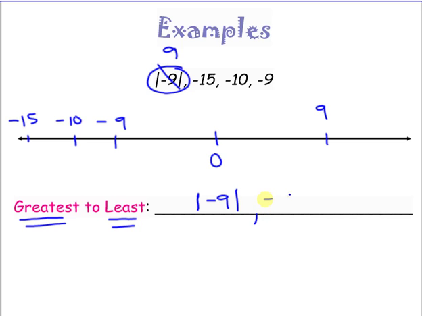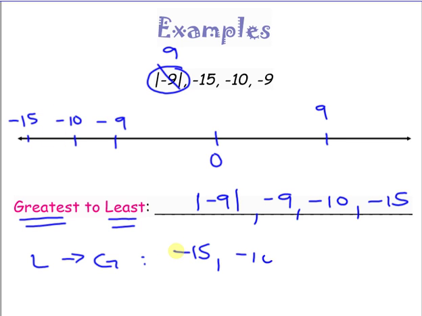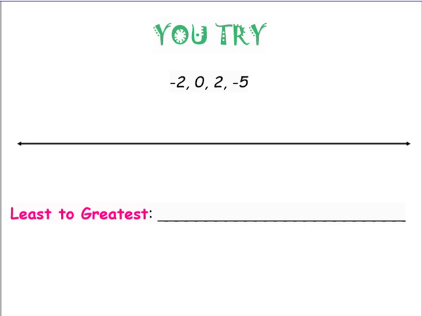Okay, negative 9, negative 10, negative 15. Now if I asked you to go from least to greatest, that would be smallest to biggest. So I would start over here, negative 15, negative 10, negative 9, and then the absolute value of negative 9. Always go back and write your original numbers first.